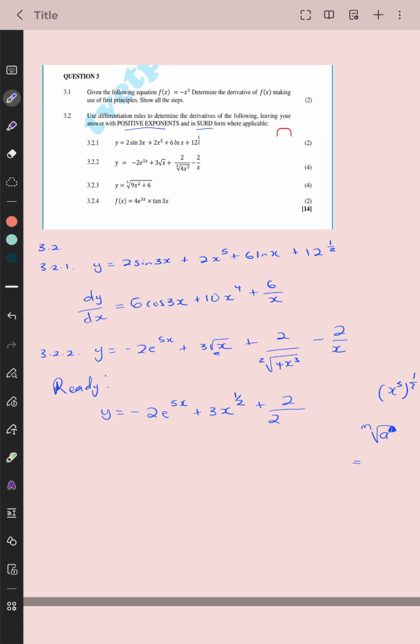If I'm changing this to an exponent, it's going to be a exponent n over m. So given that, this will be x exponent 3 over 2.